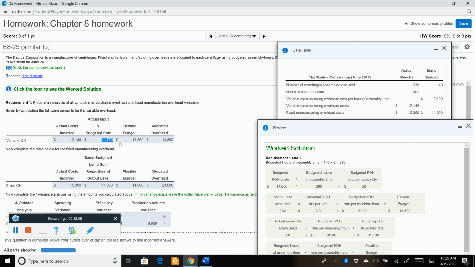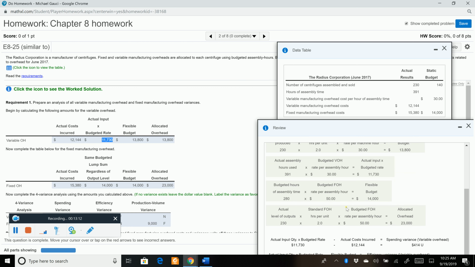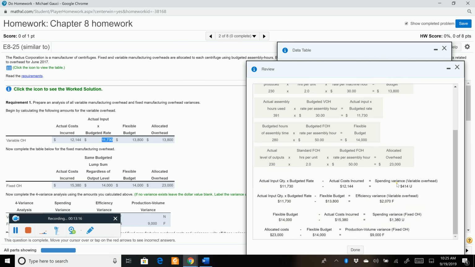So you can see we're calculating the spending variance, and let me come down here so you can see it. The difference between column 1 and column 2 is the spending variance, and it's unfavorable because the actuals came in a little bit higher.